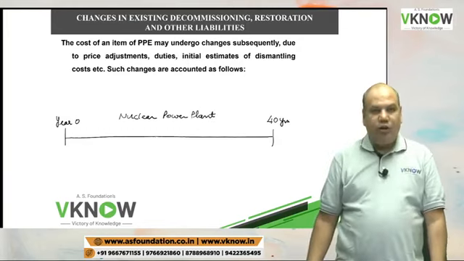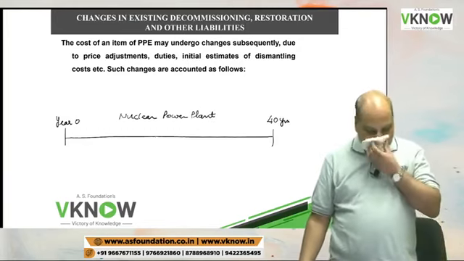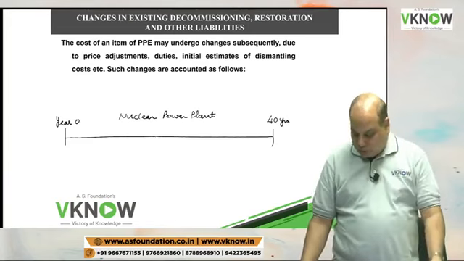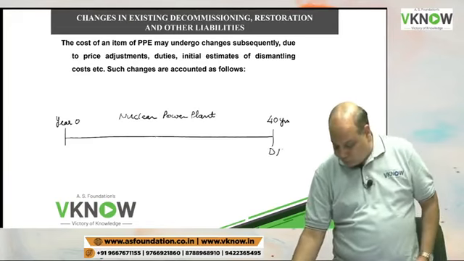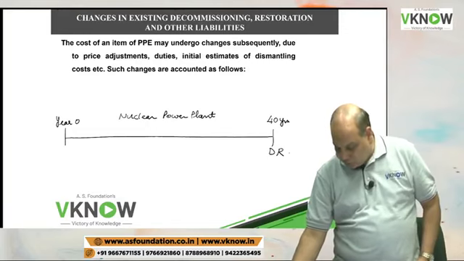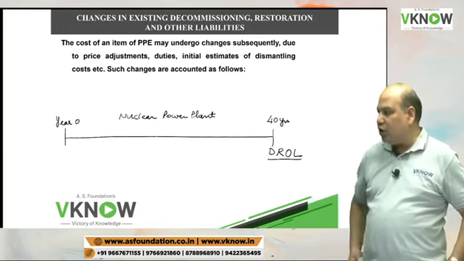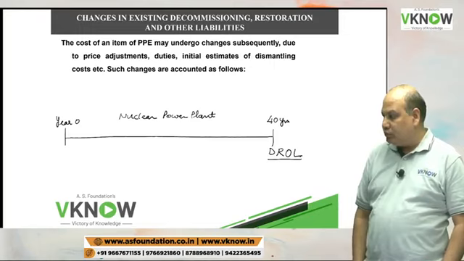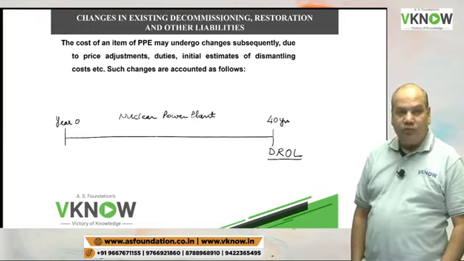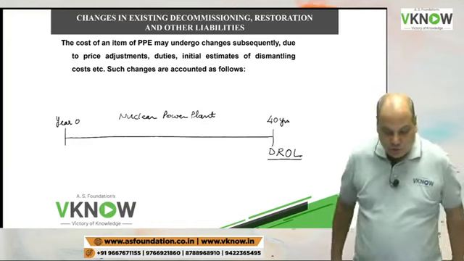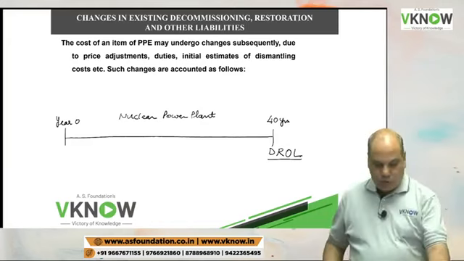You are constructing a nuclear power plant, and after 40 years, you have a decommissioning, restoration, and other liability, which in short I will write DROL, drawl. Decommissioning, restoration, and other liabilities, drawl. Okay.